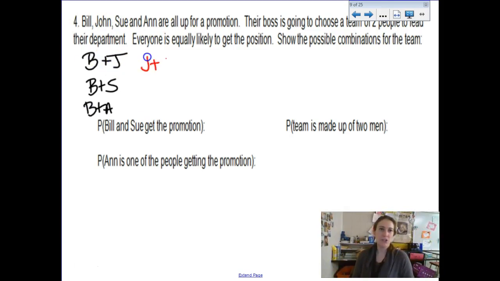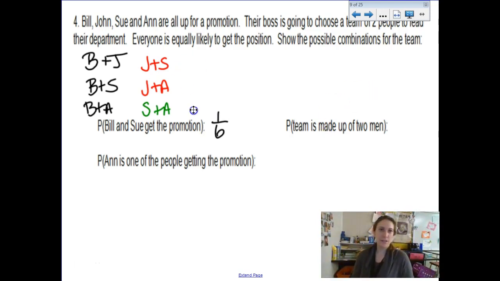So we'll say John and Sue is another option, and John and Ann. Moving on to the next person, Sue, she already has been paired up with John and Bill in these outcomes, so it's just Sue and Ann. So we have 1, 2, 3, 4, 5, 6 different teams we can create. What's the probability that Bill and Sue are the team that's promoted? Well, that was 1 out of our 6 teams.